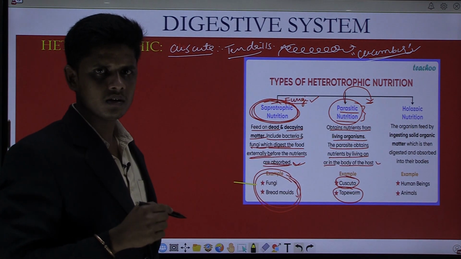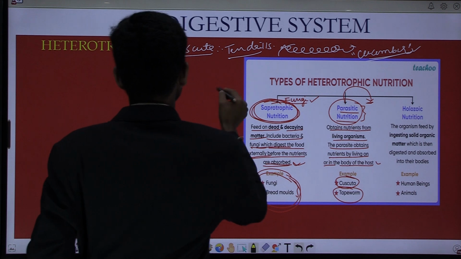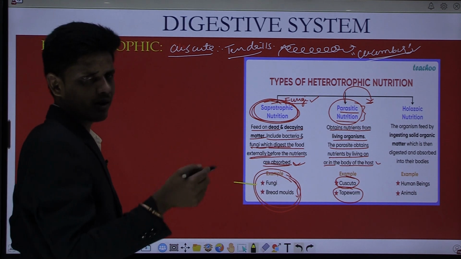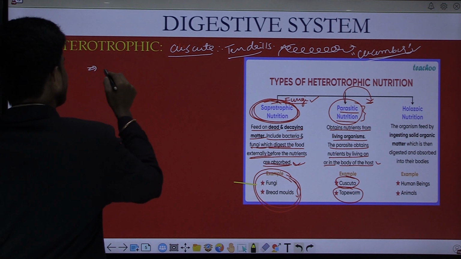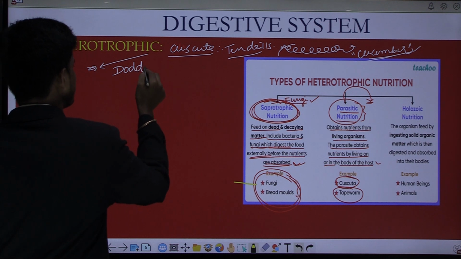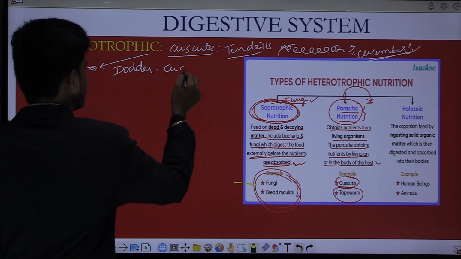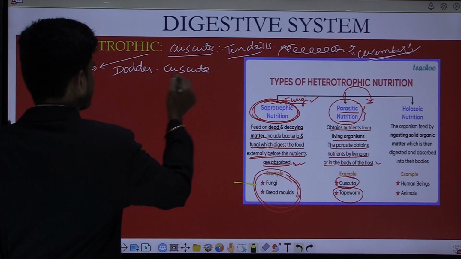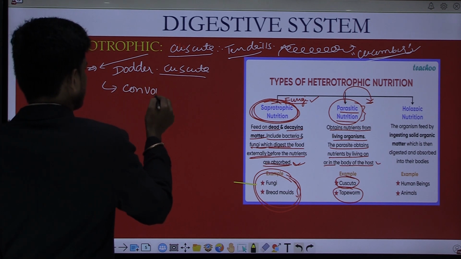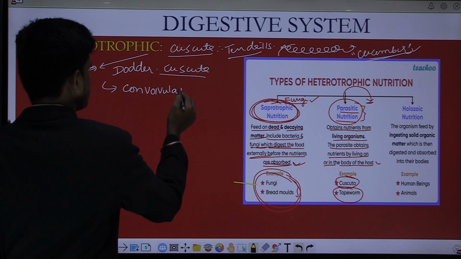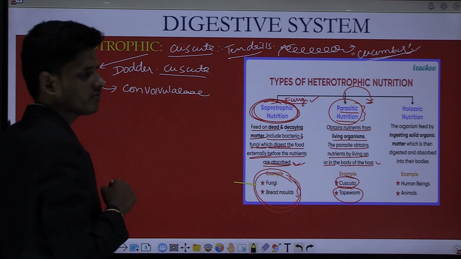Similarly, tendrils are spiral-like. Let's take cuscuta as an example. A plant named dodder is often called cuscuta, and it belongs to the Convolvulaceae family. Which family? Convolvulaceae family.